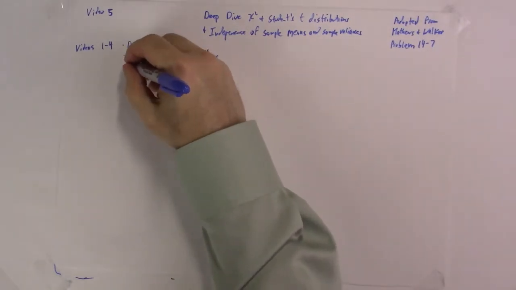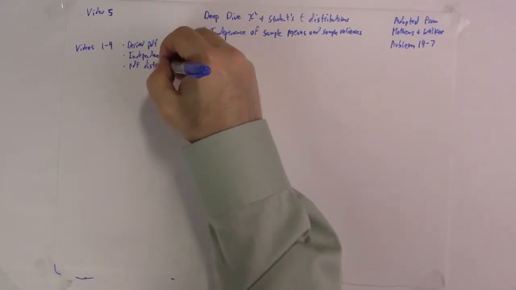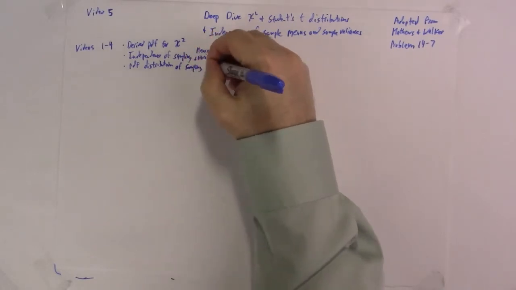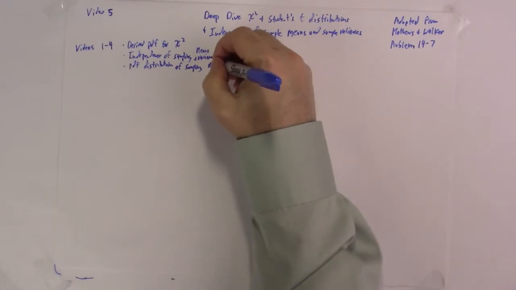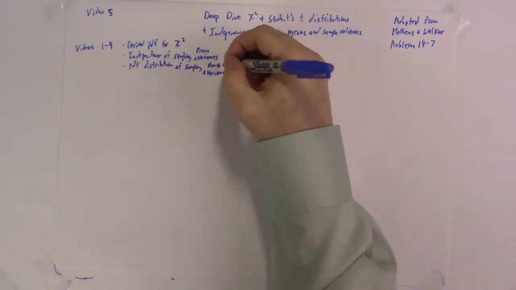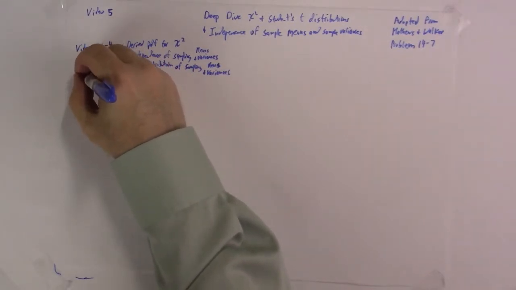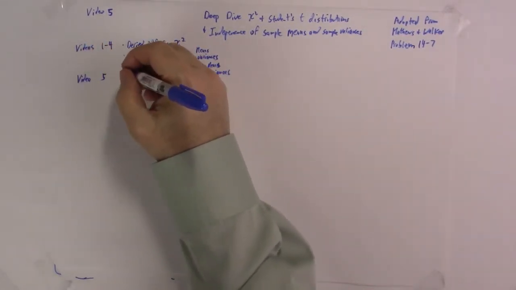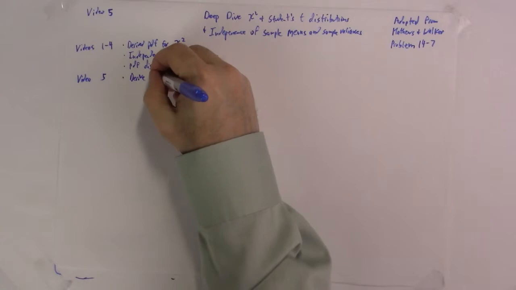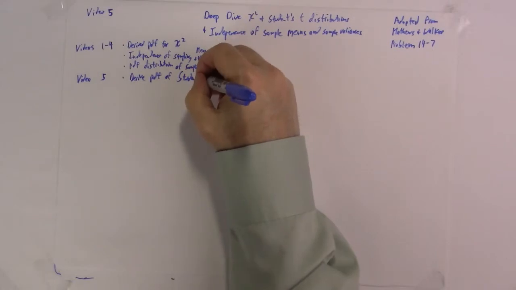And we derived the PDF distribution of the sampling means and variances. So in this video, video 5, I want to derive the PDF of the Student t-distribution.